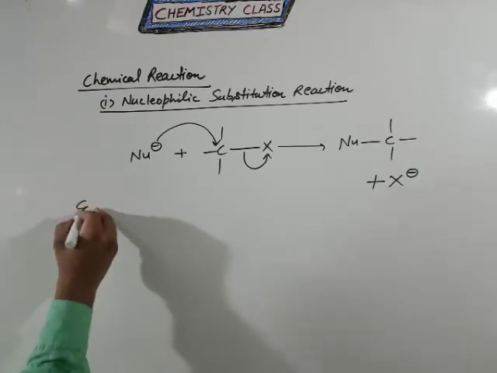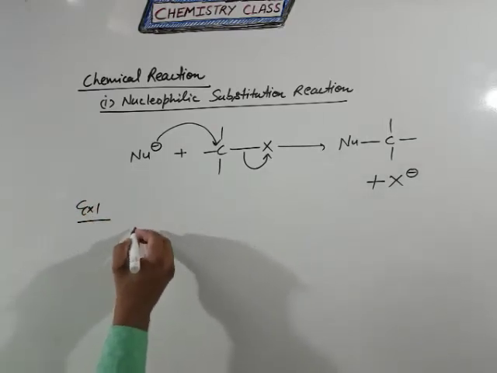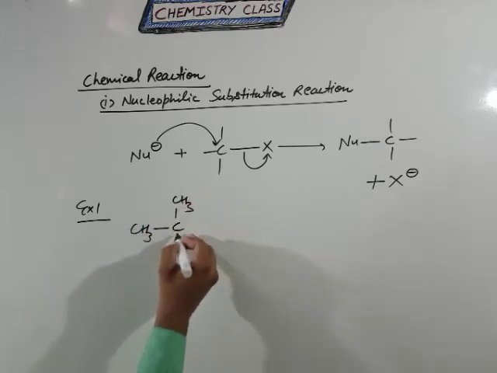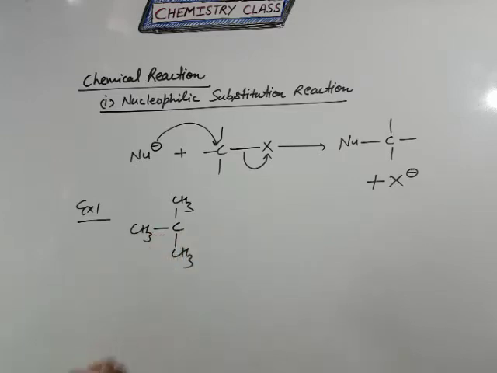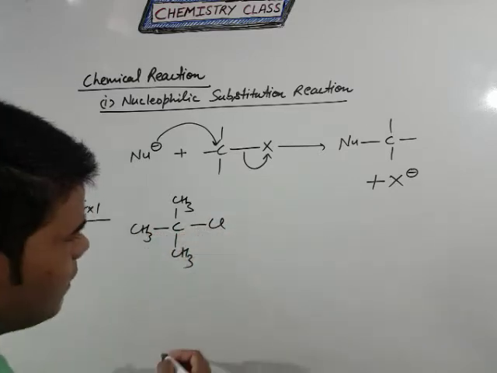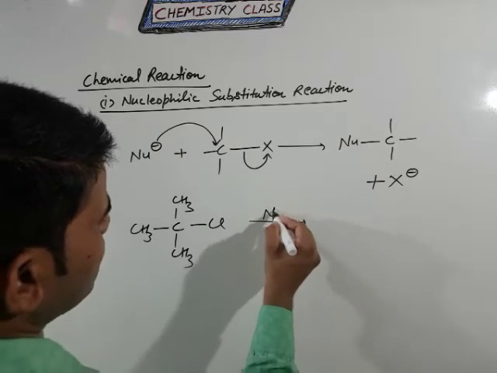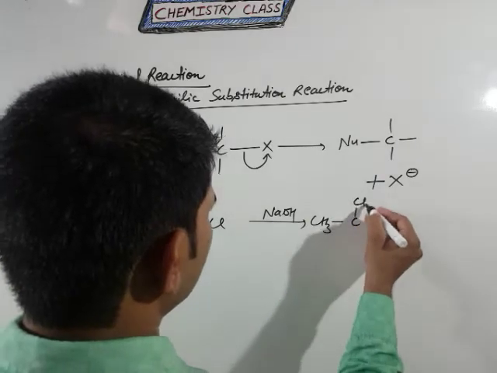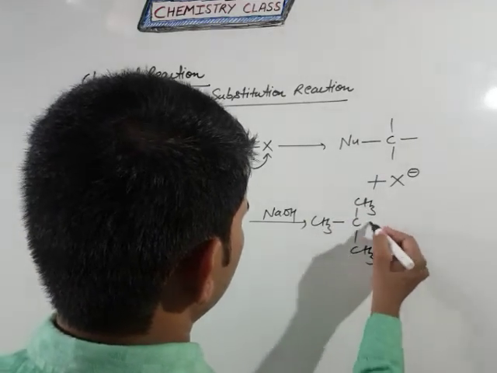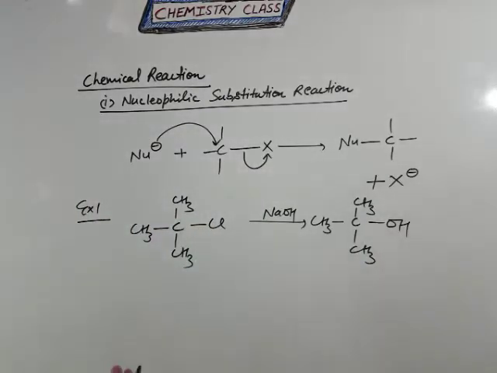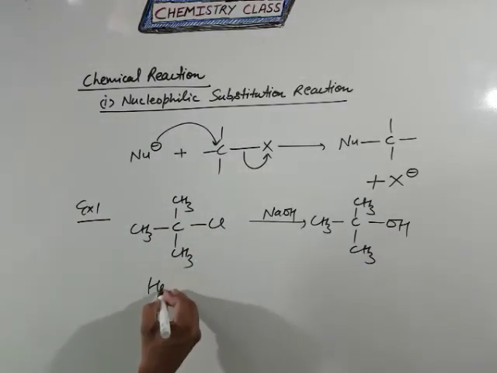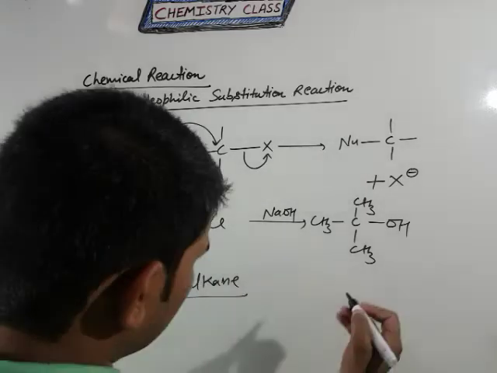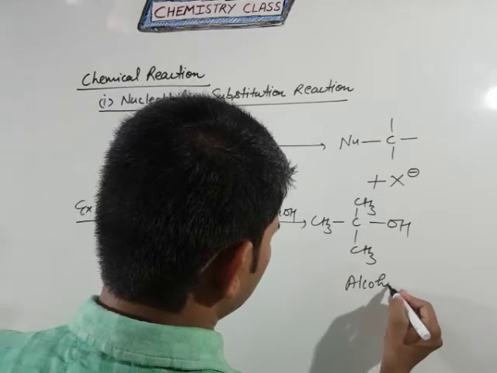See the example here. If we take CH3, single bond C, single bond CH3 and CH3, single bond Cl, and react it with NaOH, it will give CH3, C single bond CH3 and CH3, single bond OH. So in this case you can see the conversion. It is a haloalkane derivative, so haloalkanes convert into alcohol.